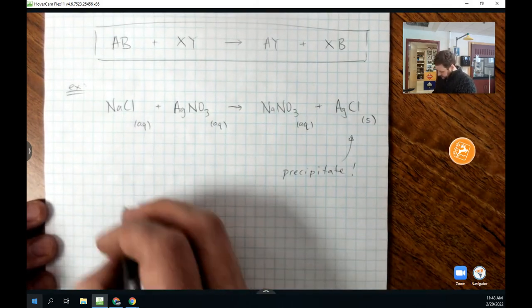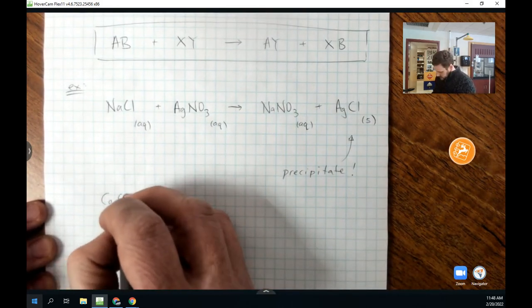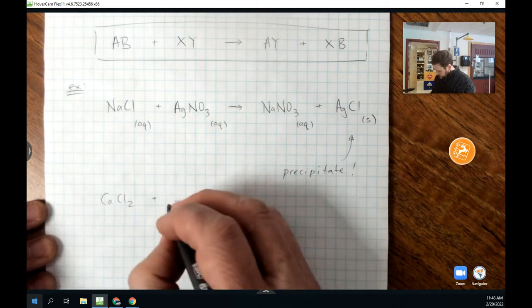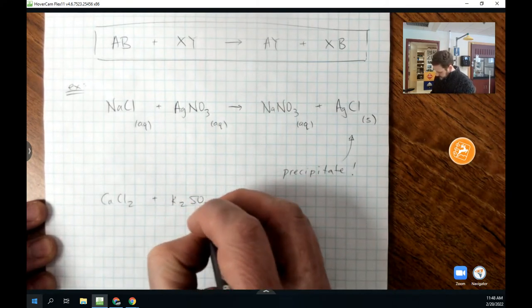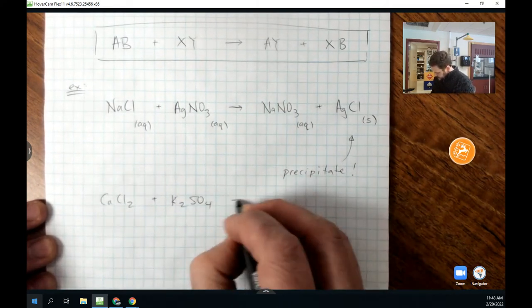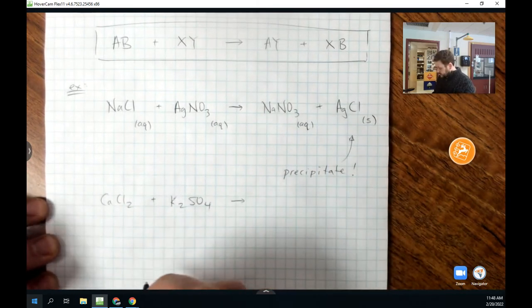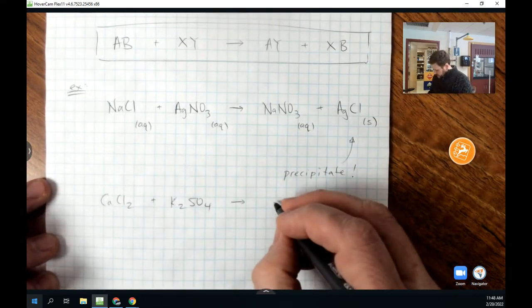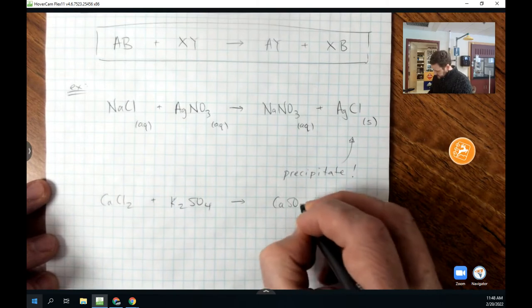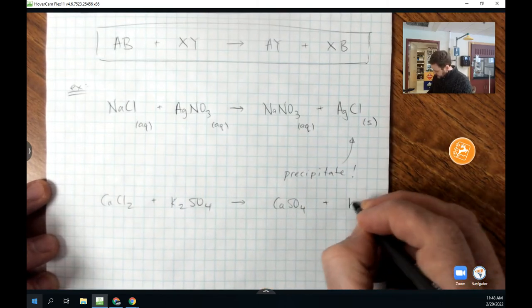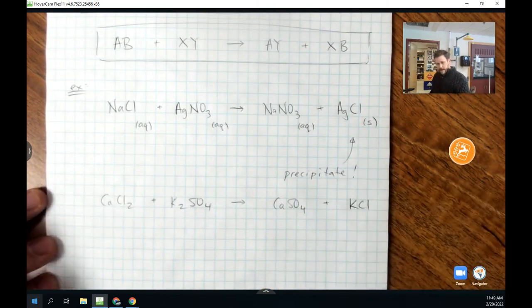Here's another example where calcium chloride will react with potassium sulfate, and we're going to leave some room for coefficients again to form calcium sulfate and potassium chloride.